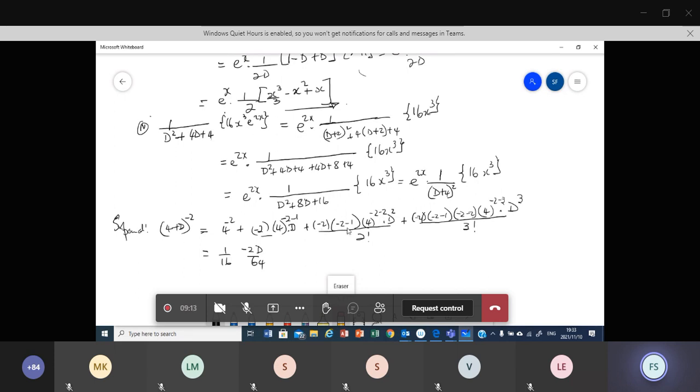Let's work this thing out again. Minus 2, this is minus 3. That whole thing is 6, and 6 over 2 is 3. That is plus 3, and this is 4 to the power 4. 64 by 4 is 256.